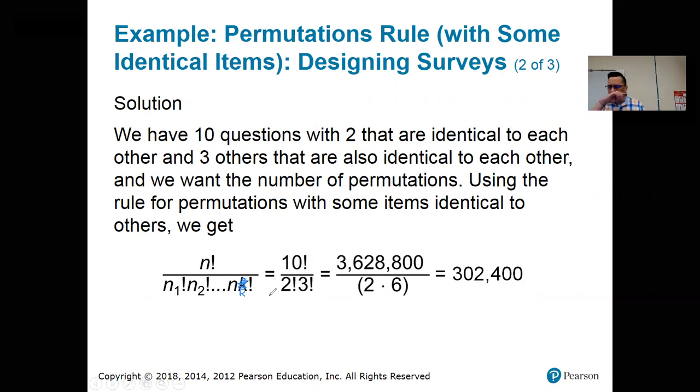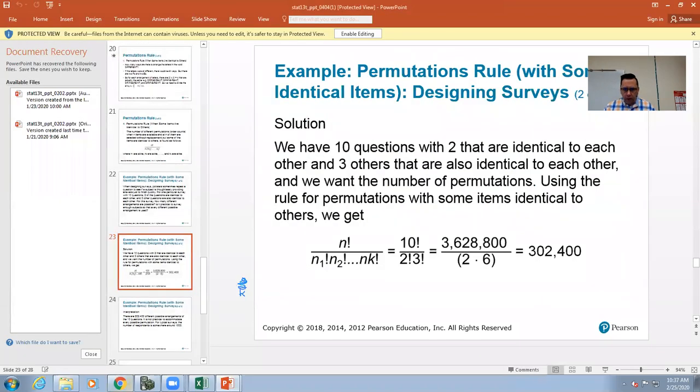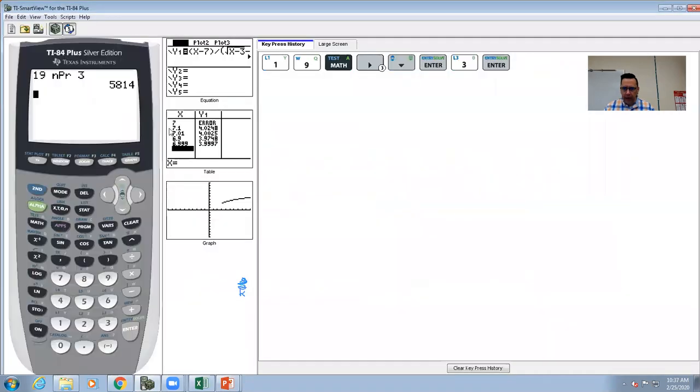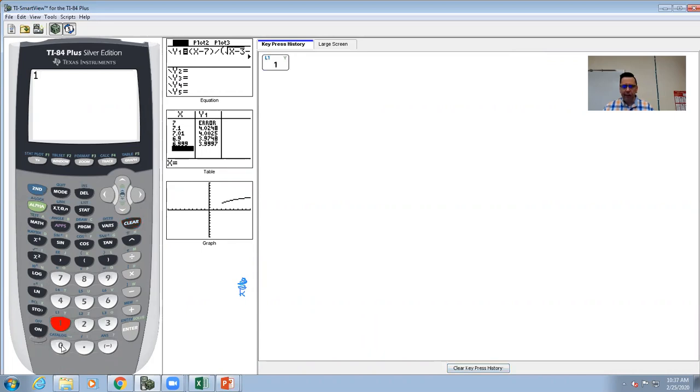So the only thing I'm going to caution you about with this formula is this. When you put that into the calculator, make sure that you put that 2 factorial times 3 factorial in parentheses.